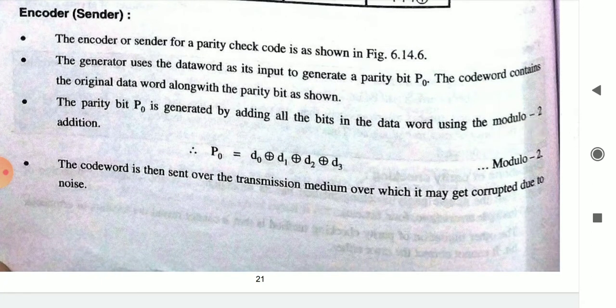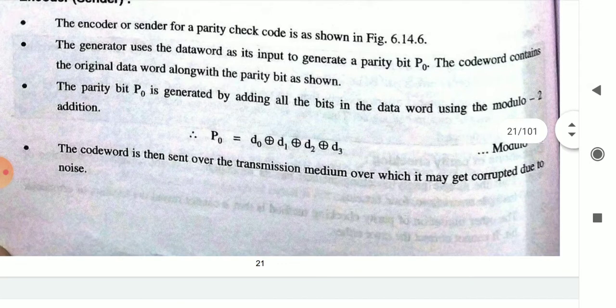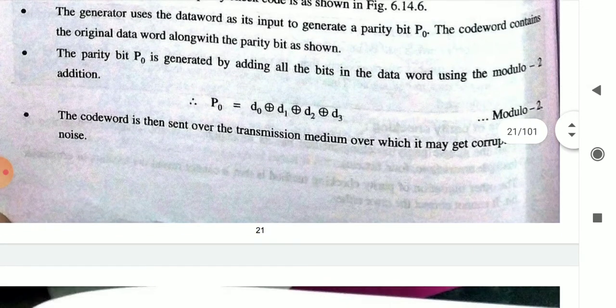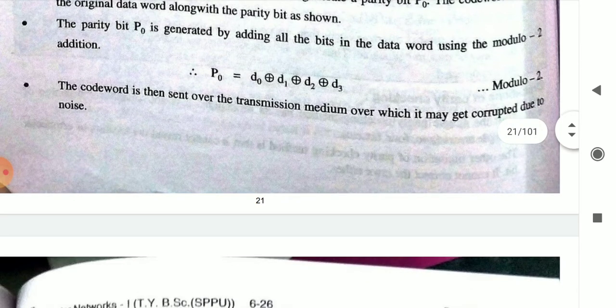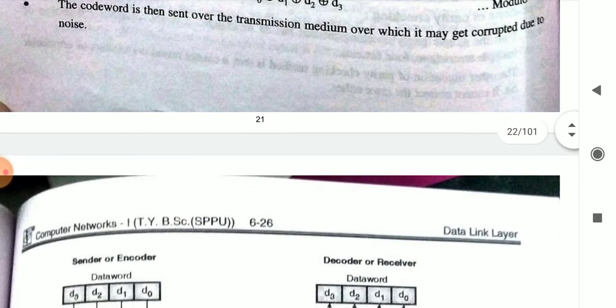The code word contains the original data words along with the parity bit as shown in the figure. The parity bit P0 is generated by adding all the bits in the data word using modulo 2 addition, that is D0 plus D1 plus D2 plus D3 modulo 2.